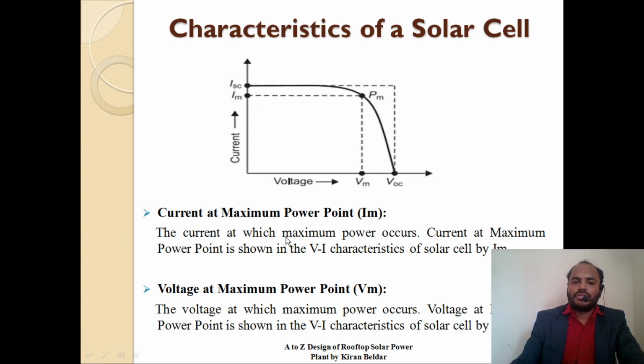The current at which the maximum power occurs is shown in the VI characteristics of the solar cell by Im. Next, voltage at maximum power point, Vm. The voltage at which maximum power occurs is shown on the VI characteristics of the solar cell. This is Vm and this is Im.